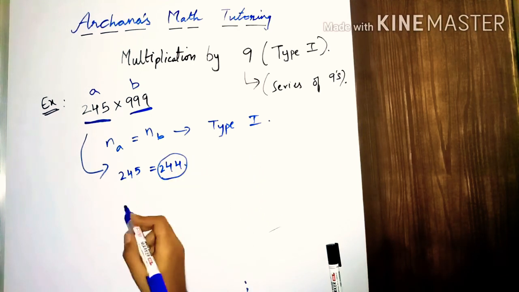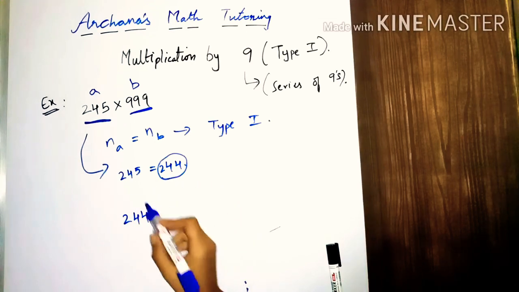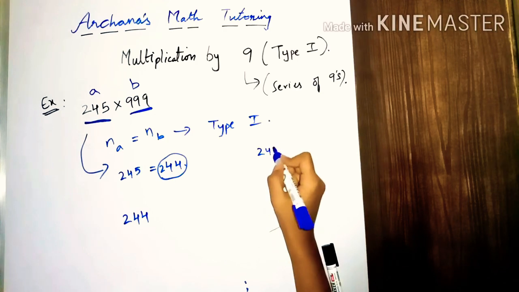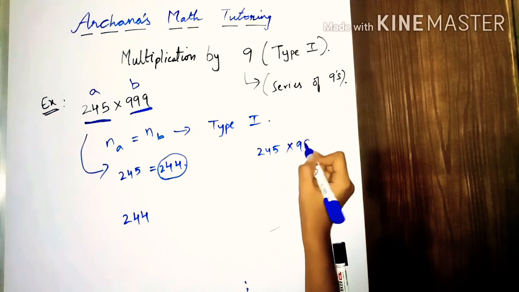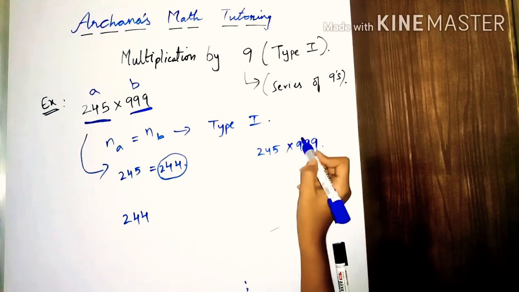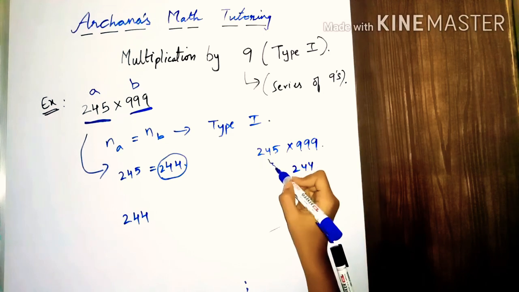This is the first part. So write 244 as it is, and you have three 9s. So write this here so that you can use it for your further process.